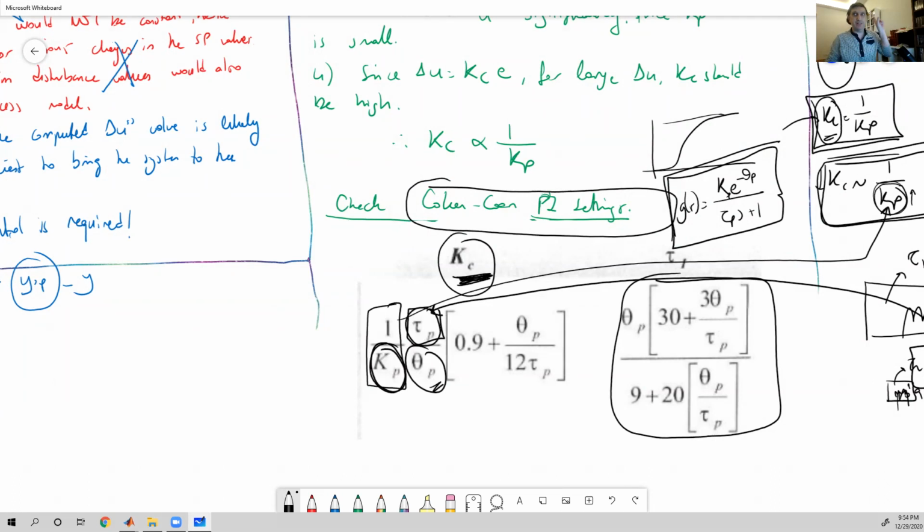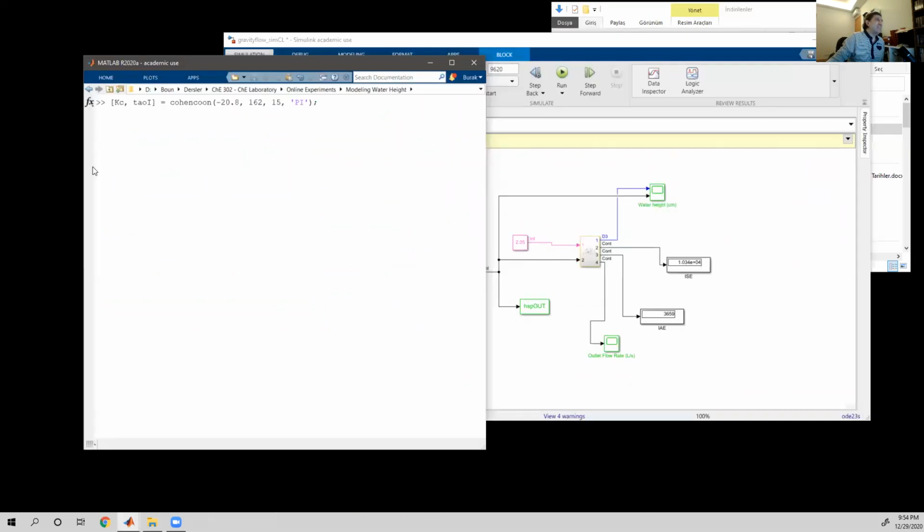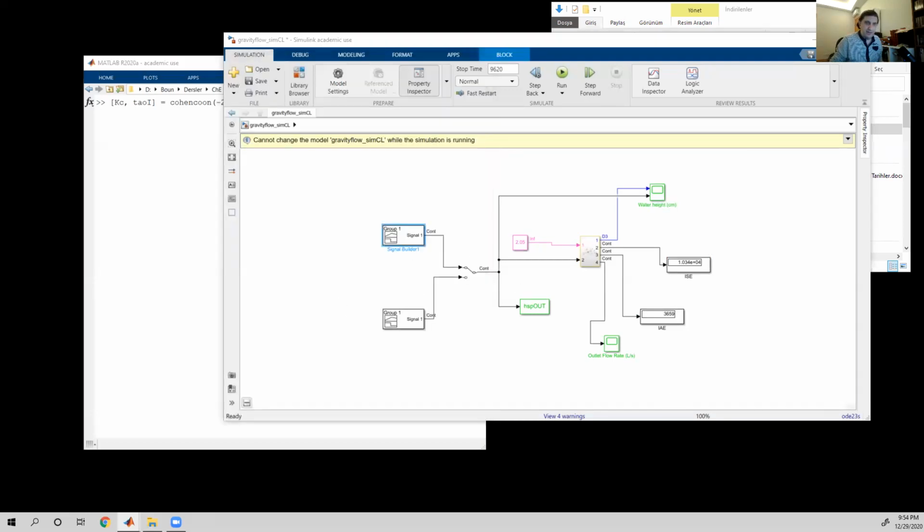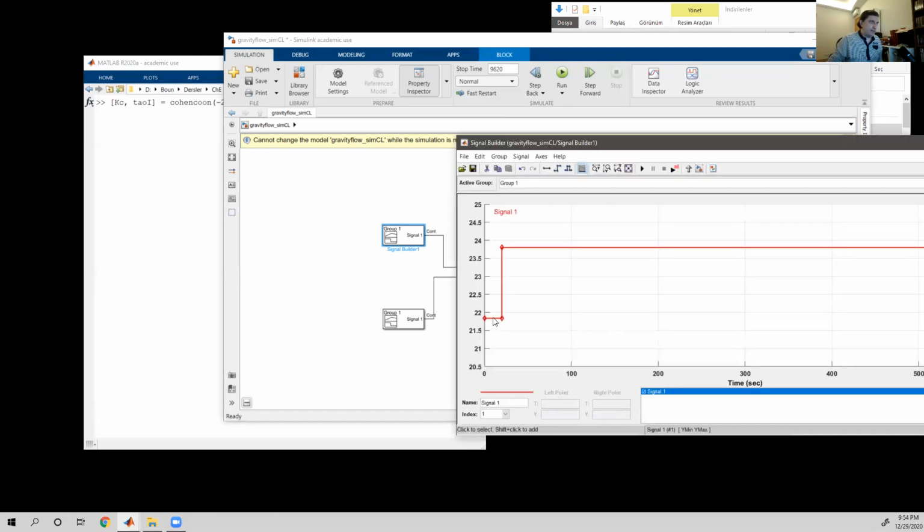As I said previously, you may have multiple models, but I'll come to that later. So use one of the models. I'm going to use the model parameters derived for the operating condition around 21 point something, 21.84.